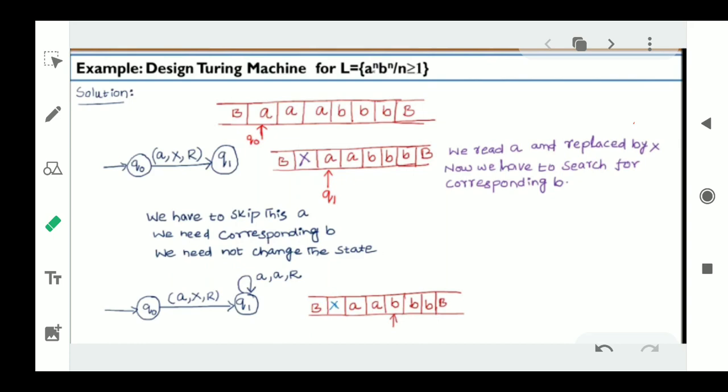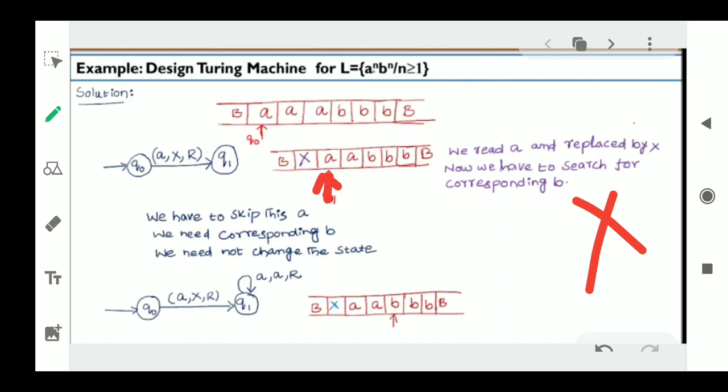Here we are going to replace small a with capital X. Why? Because we will understand later why we are doing this. Small a is replaced with capital X, and after that we move the position forward, and next also we have seen the symbol small a.